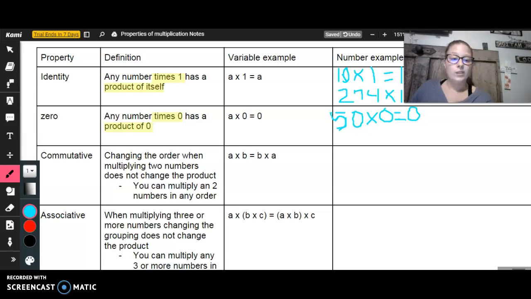We'll do my favorite number, 33 times 0 equals 0.